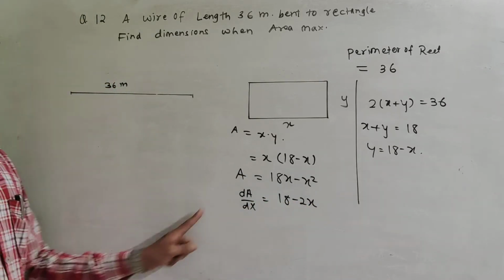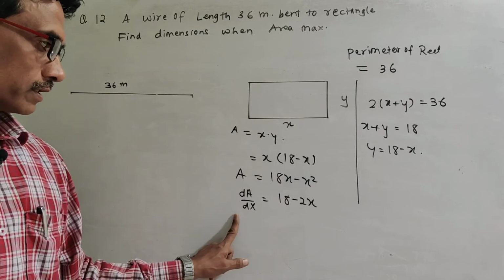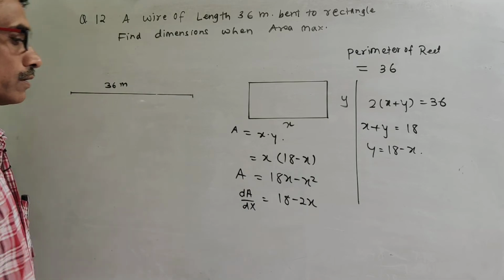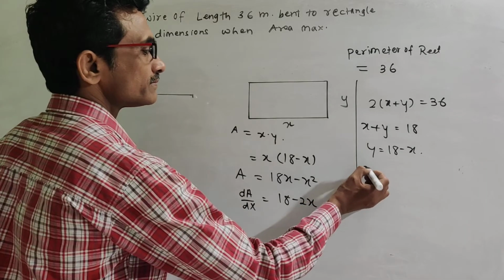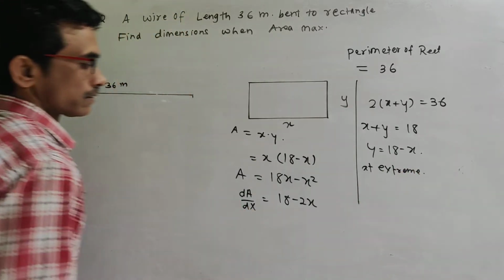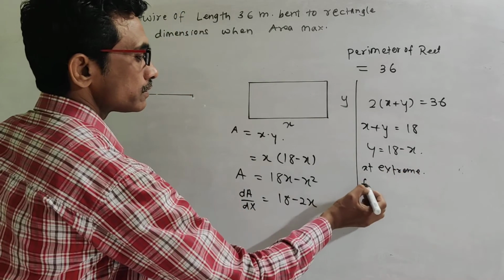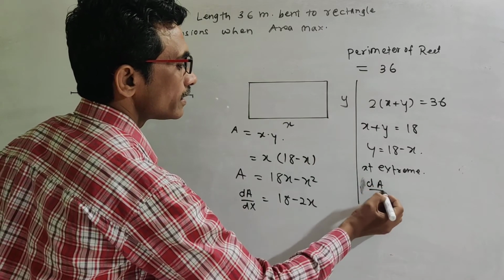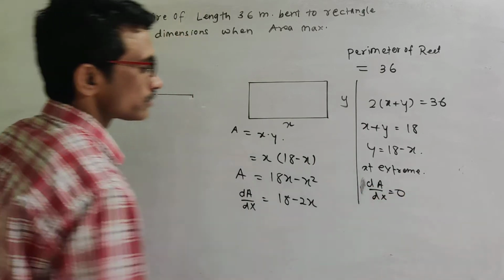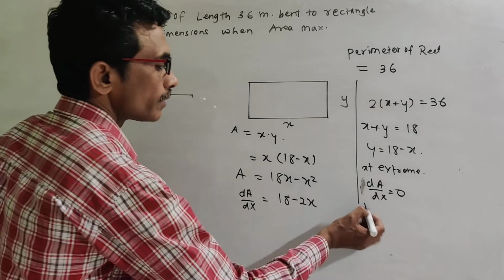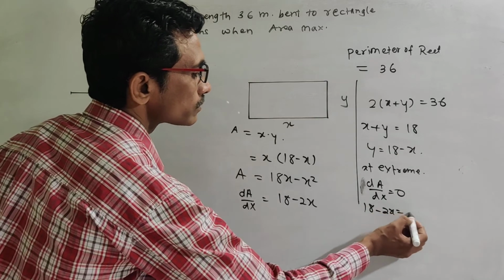At an extreme value, the first order derivative is 0. So dA by dx is equal to 0, which means we are getting the stationary point: 18 minus 2x is equal to 0.